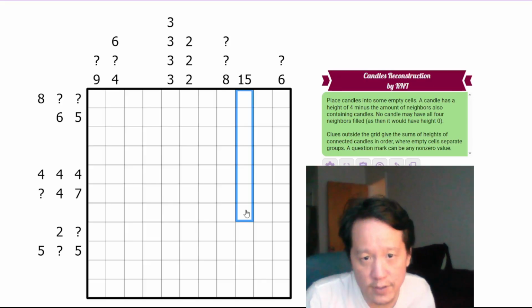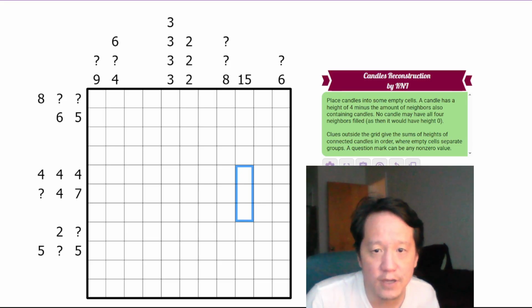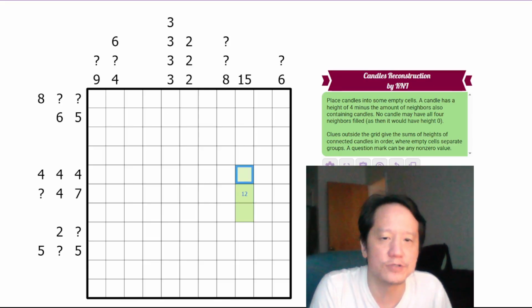So that's 7, and then up to this being 7 here. So these are guaranteed to have candles in them. This then has to be 2 at most. So this is 1 or 2.